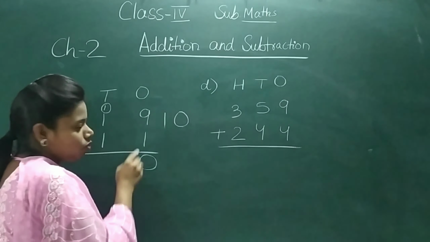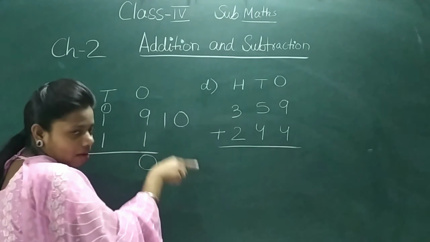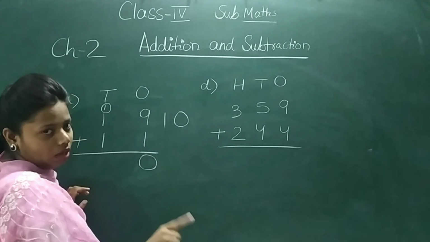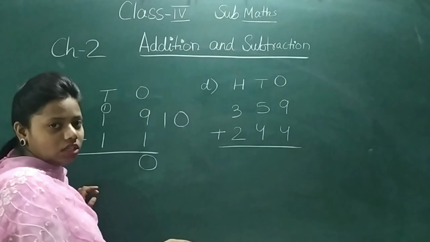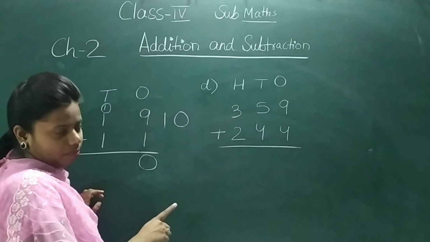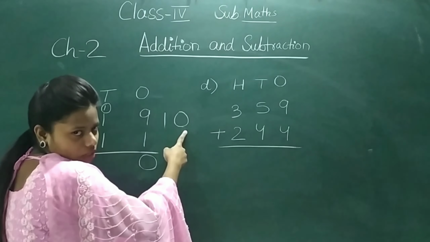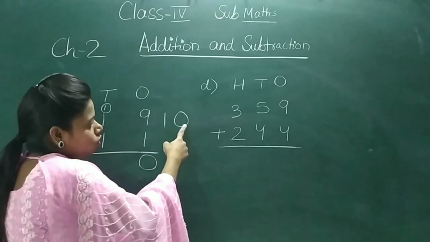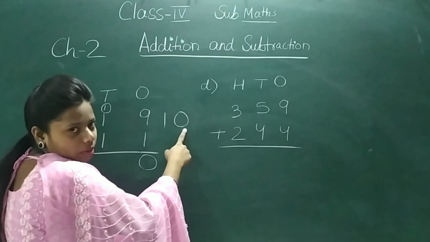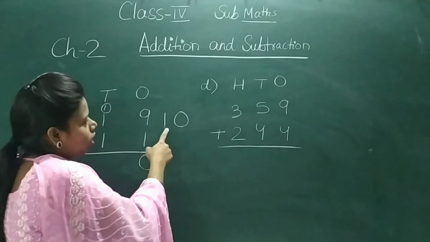Don't write 10 here, it will be wrong. That is why I explained about 2-digit and 1-digit numbers. When you get a 2-digit number on addition, you have to carry. So we write 0 here and carry 1.